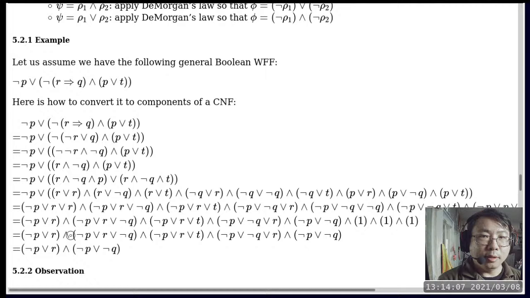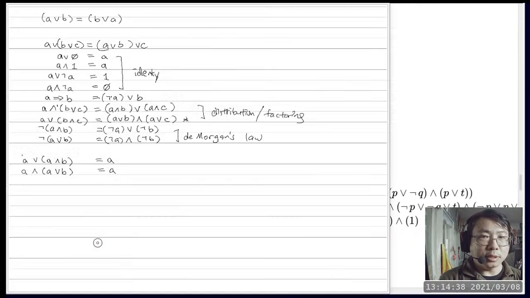So think about this, not P or R, as A, and then think about T as B in one of the last two simplification rules that I used on the tablet. Because these two are ANDed together, right? So not P or R is considered A, and T is considered B, and then we have an overall conjunction, and each component is a disjunction.